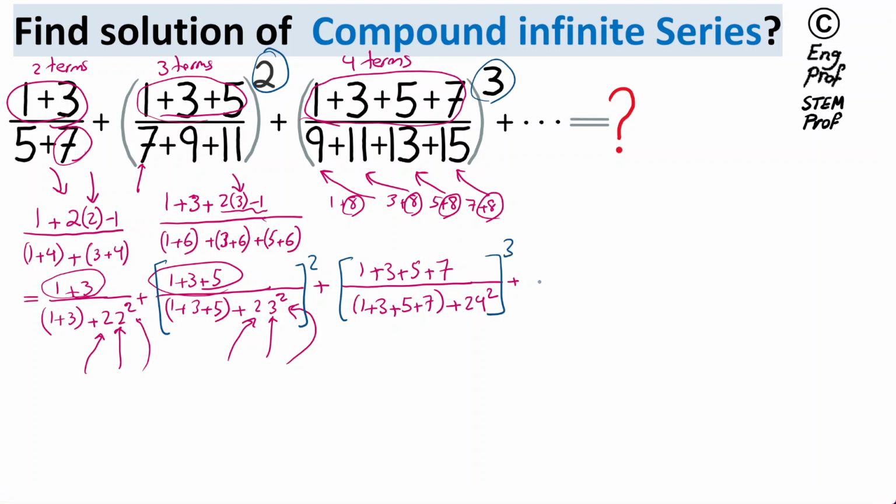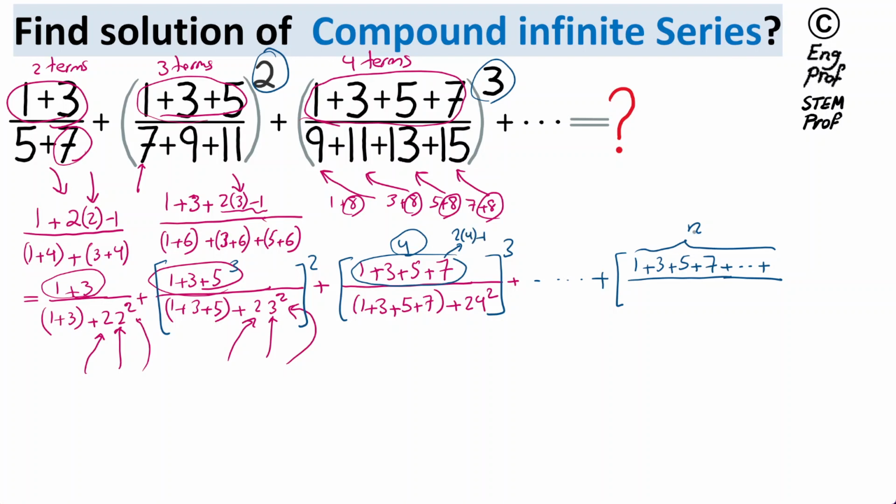Okay, so if I continue doing this for the one that ends up with n terms, I will end up with 1 plus 3 plus 5 and so on. This is an infinite one because of these ellipses, but if it is supposed to be a finite one, I would have n terms in the numerator and denominator, and as you can see, when we have 4 terms, 7 is 2 times 4 minus 1.